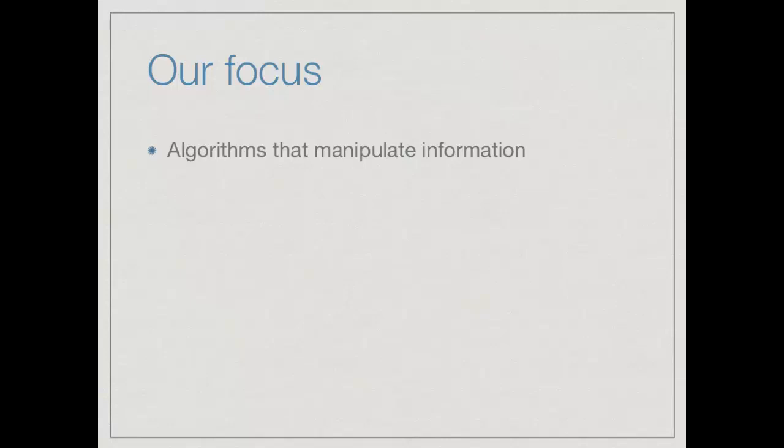Our focus in this course is going to be on computer algorithms. And typically these algorithms manipulate information. The most basic kind of algorithm that all of us are familiar with from high school is an algorithm that computes numerical functions. For instance, we could have an algorithm which takes two numbers x and y and computes x to the power y.